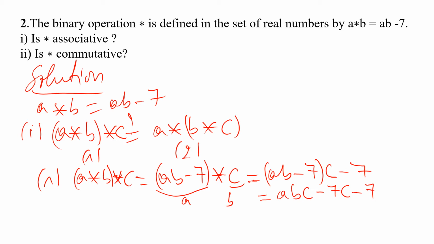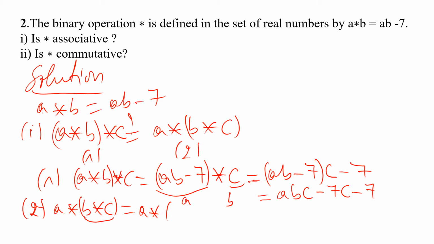Now let's check on expression number 2. A star (b star c) is equal to, first we calculate this, b star c. Now take this b as a and you take c as b.